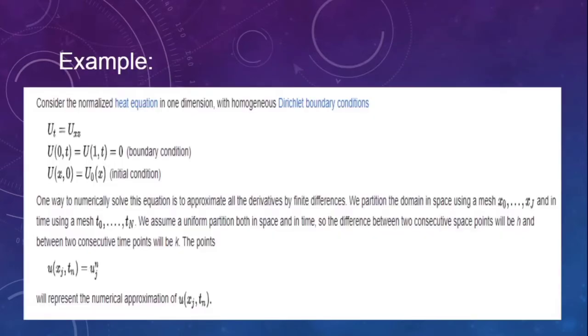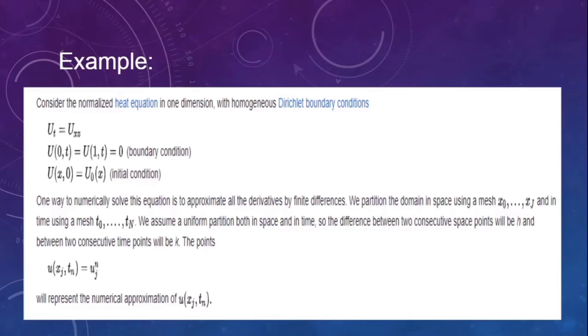An example here is the heat equation in one dimension with homogeneous Dirichlet boundary conditions, where u sub t equals u sub xx, u(0,t) equals u(1,t) equals 0 as the boundary condition.